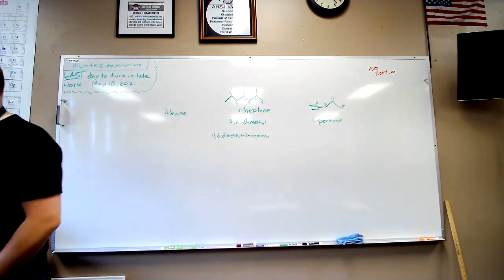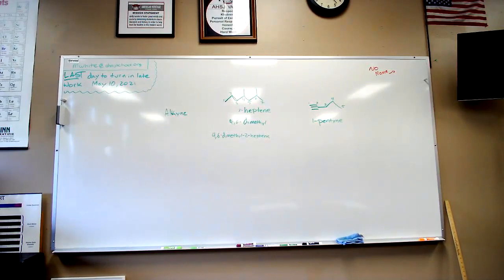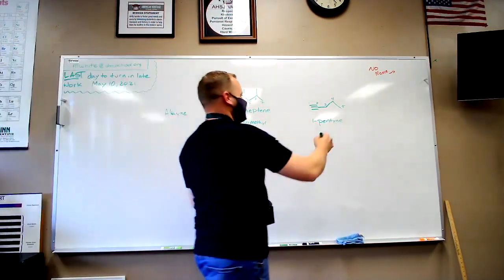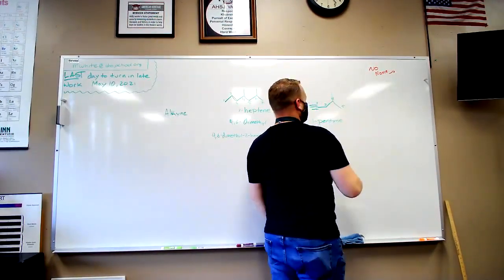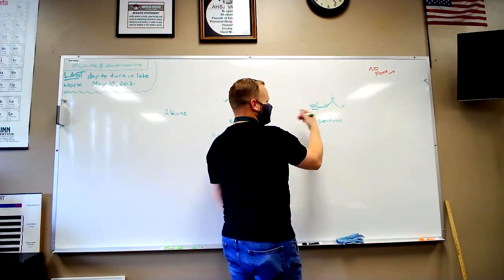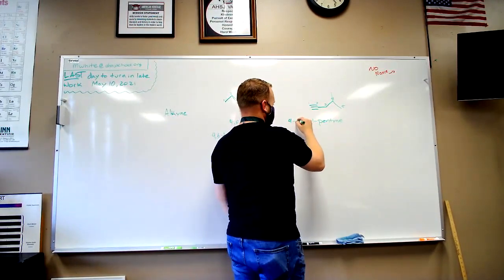Once again, we know that we have to start on that side because we need to make the number for the triple bond as low as possible. That makes it easier. Doesn't matter what else we have. I could put an ethyl group or a methyl group right here. Doesn't matter.